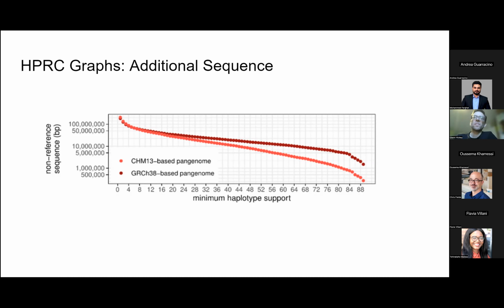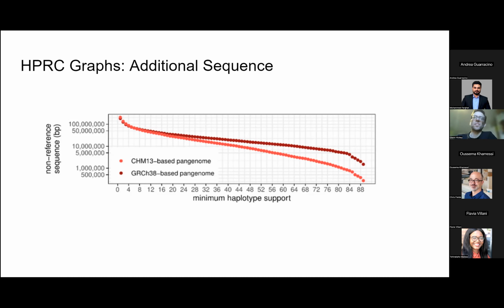So there's about 100 and some odd megabases that's in at least one haplotype on the left. And then if you go all the way, there's still, especially on the GRCh38 graph, because GRCh38 is so incomplete relative to our new assemblies, a couple of megabases in every sample that's not in GRCh38, just because of holes in GRCh38.